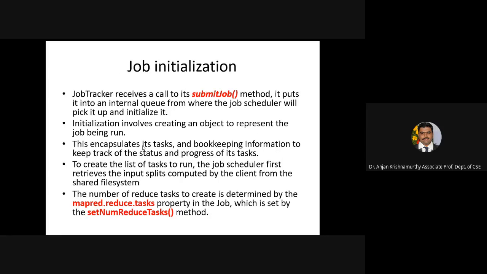So the first step is the job initialization. What are the prerequisites that are required to do the job initialization aspect of it, right? Now, once a job tracker receives a call to submit, it puts everything into the internal queue where the job scheduler can pick it up and initialize it.